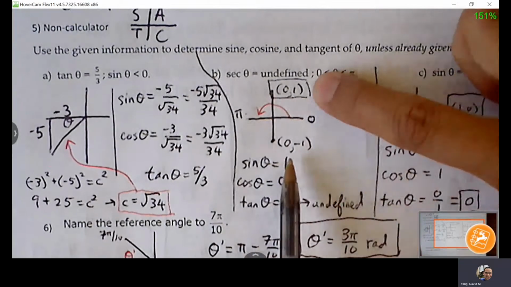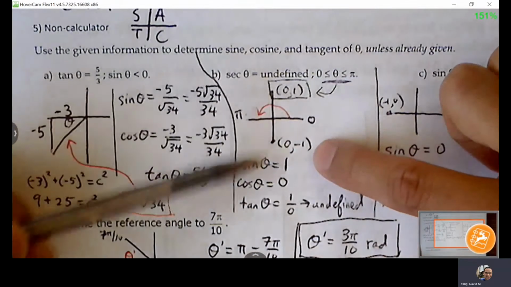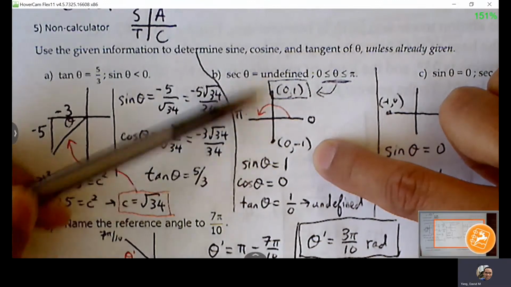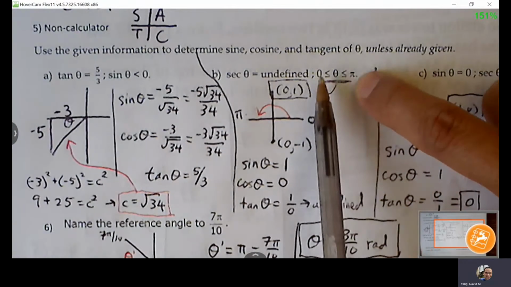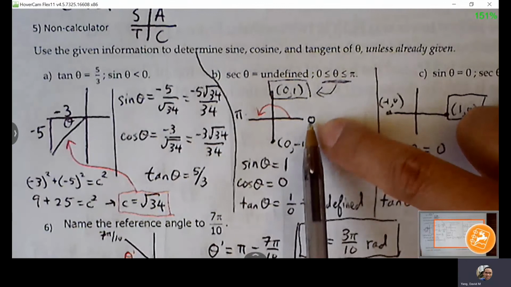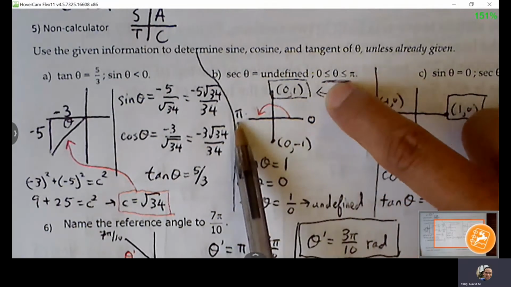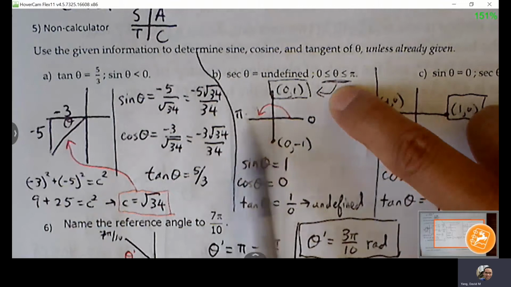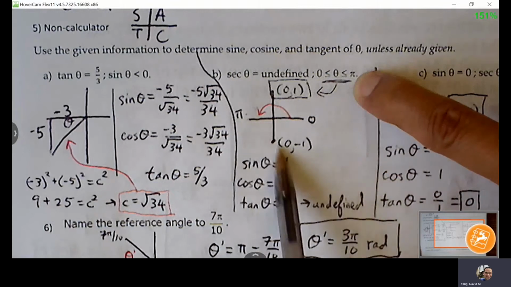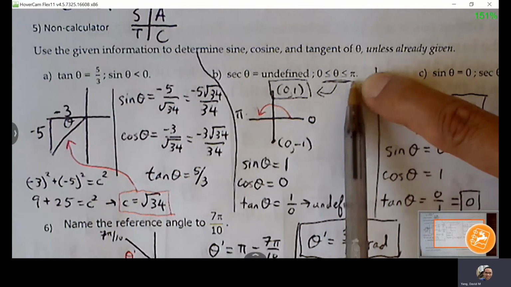So, are you good with the options being (0, 1) and (0, -1)? Okay. So if you look at the restriction here, it's going from 0 to pi. So that means I'm starting at 0 and I'm only going up to pi. I'm not looking at anything past pi. So that's why I can't go to 3 pi over 2, because it doesn't extend into my domain.